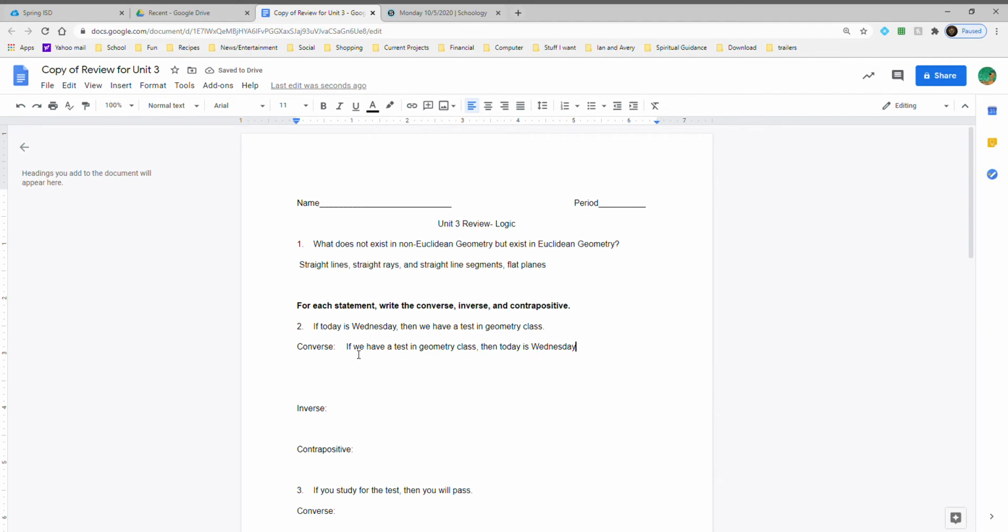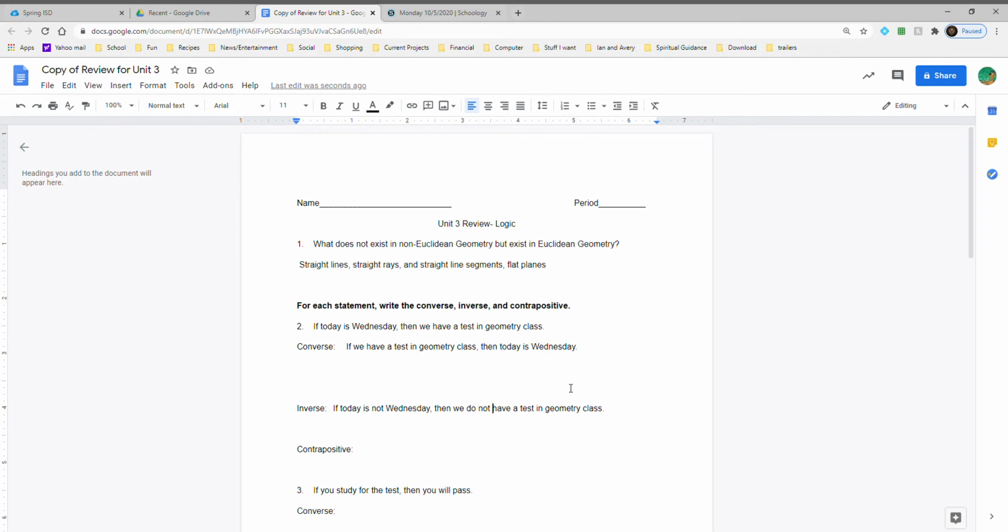That's the converse. The inverse is even easier because the inverse is where you take the original statement and you just put the word not in. If today is not Wednesday, then we do not have a test in geometry class. And then finally, the contrapositive is when you do both. You flip and make them the opposite.